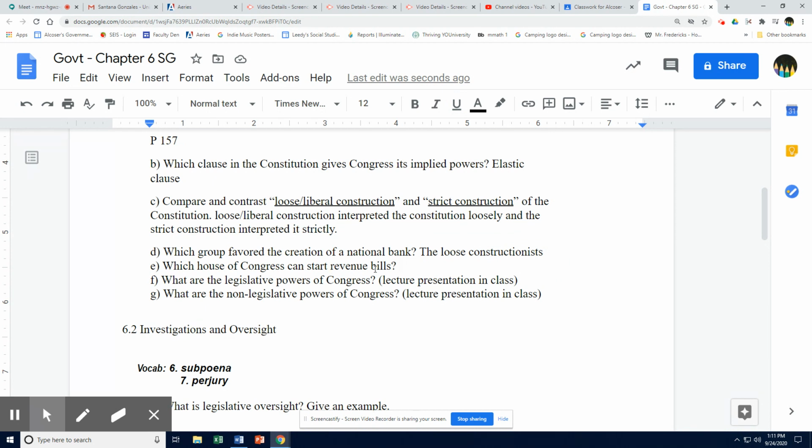We're on the second column at the bottom of page 158, last paragraph. Article 1, Section 7 says all bills for raising revenue shall originate in the House of Representatives. So that would be the House of Representatives.